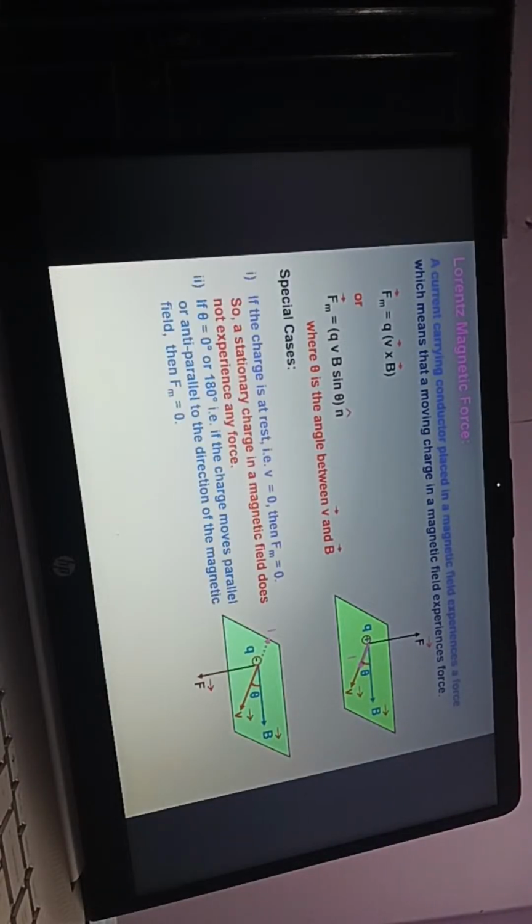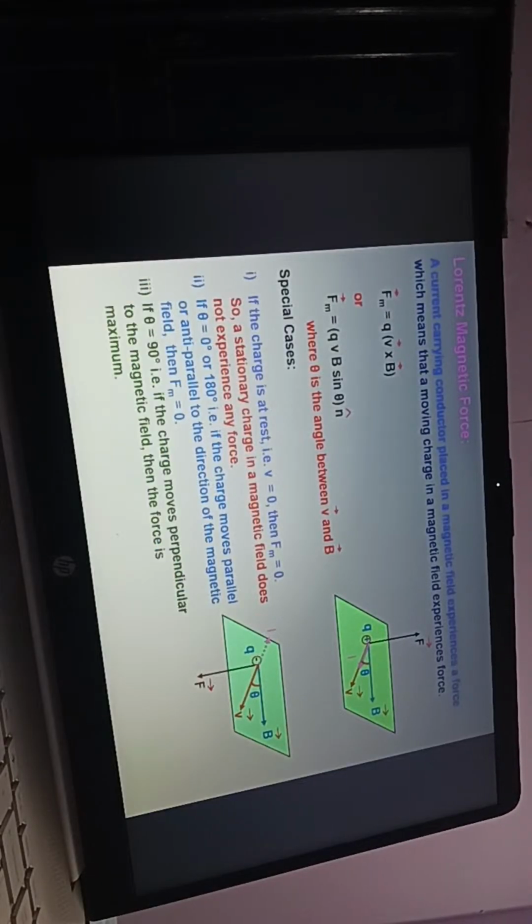I am just skipping over all these things which I already taught you in class 2 of moving charges in magnetic field. This is the third class going on. Fine. So the thetas are kept over there, then you will get all these three cases. They are special cases which are going to come in objective type questions, which I told you already.